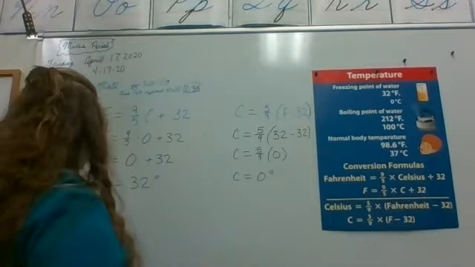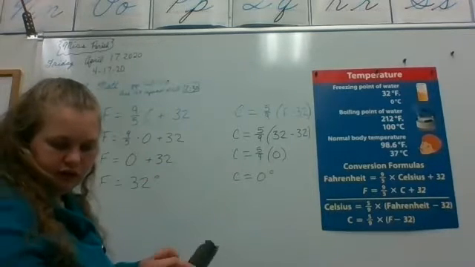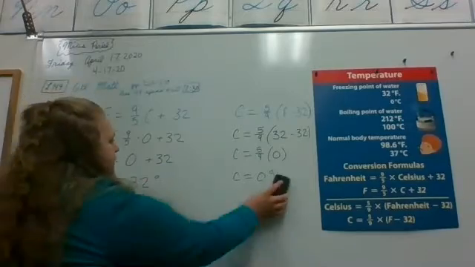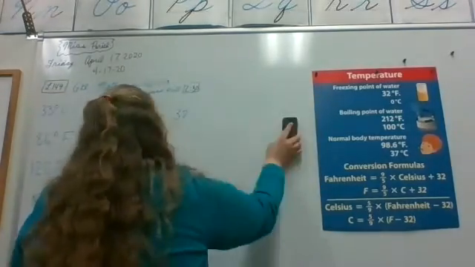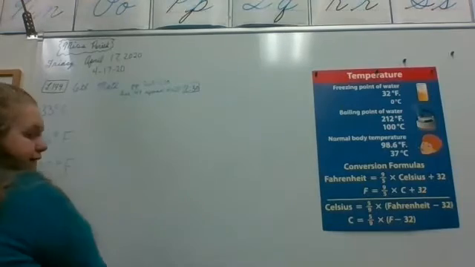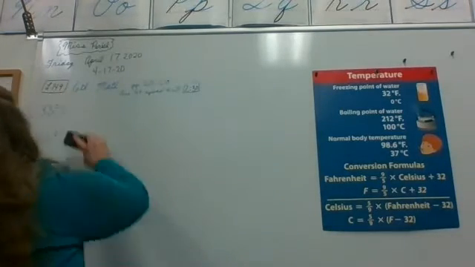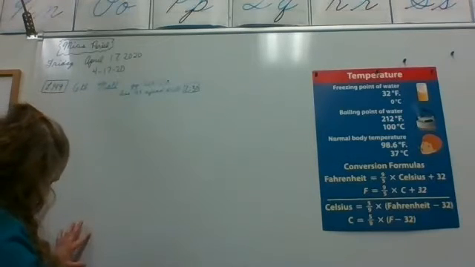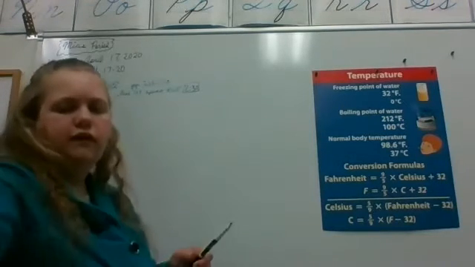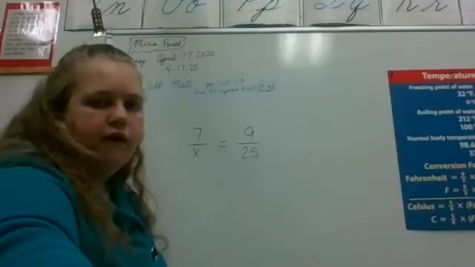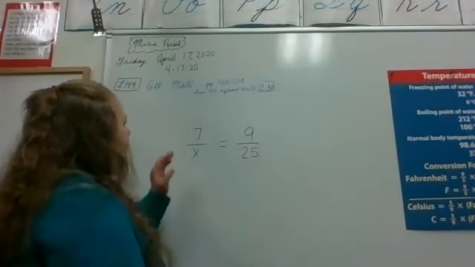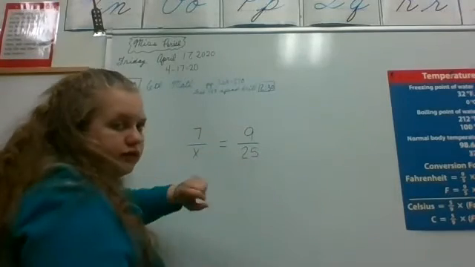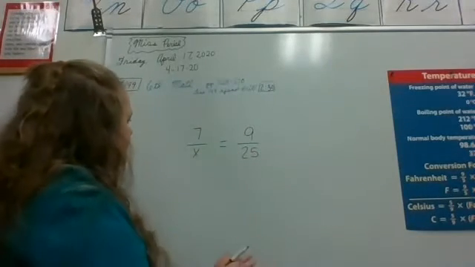All right, so I'm going to do one more. We're going to do a proportion. Let me get that back up here. All right. Hold on a second. All right, so here we have 7 divided by x equals 9/25, okay, or 9 divided by 25.